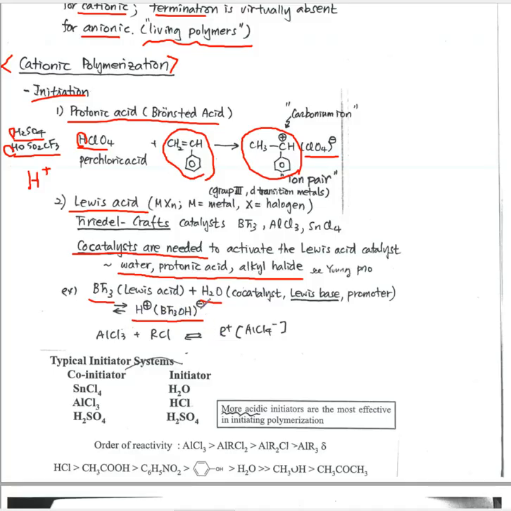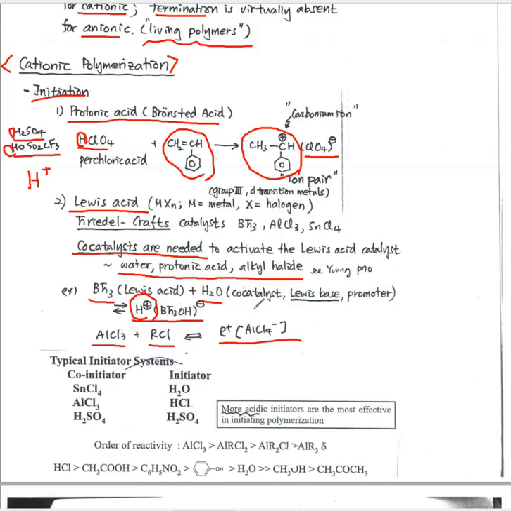If this compound reacts with monomer, then this hydrogen ion can be attached, similar to the formation of the carbonium ion. Another example is AlCl3, also an example of Lewis acid with co-catalyst, forming this structure.